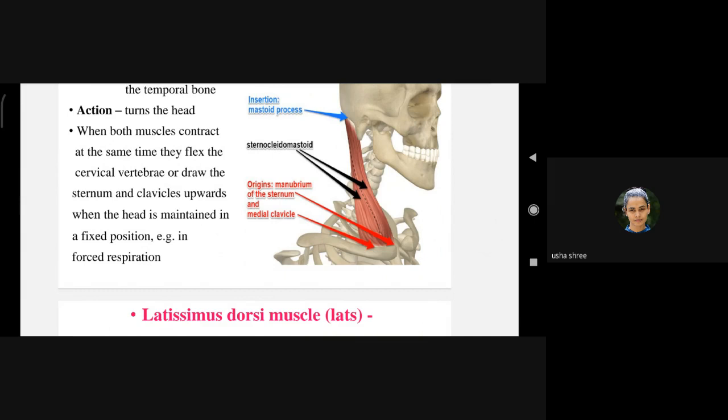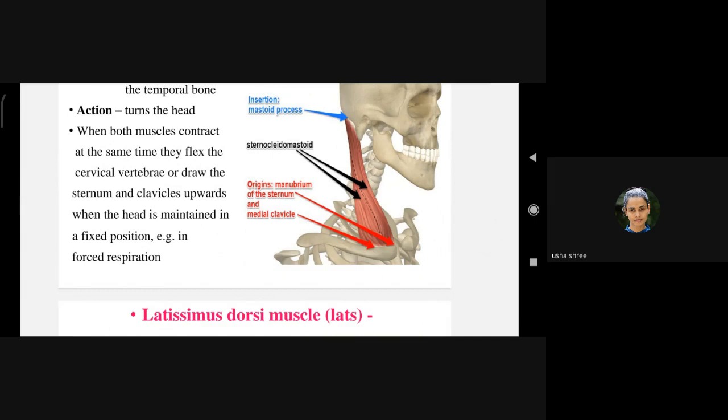Or we can feel it when we are bending our neck backward. Then also this sternocleidomastoid muscle is contracted on both sides, and our sternum and clavicle get elevated.